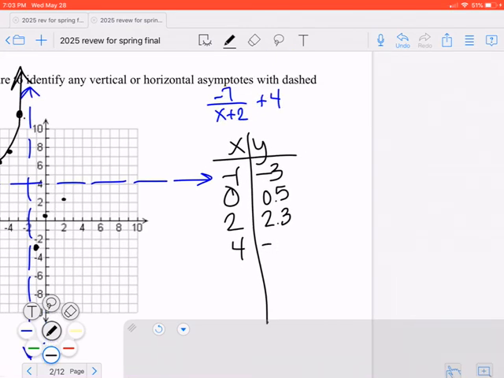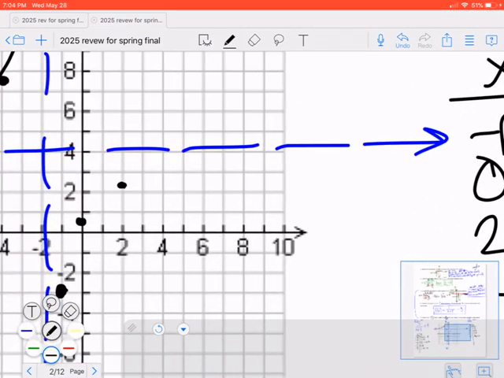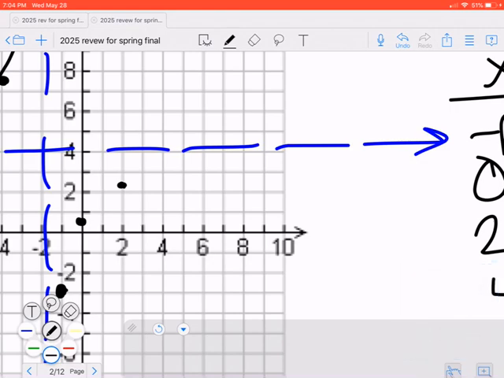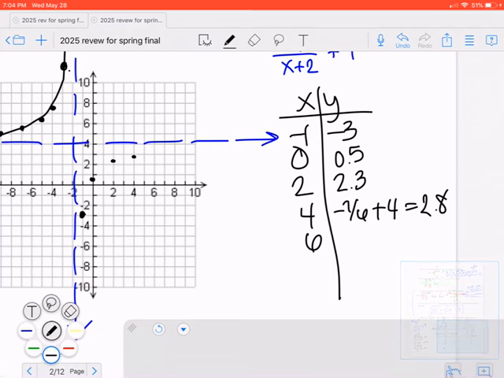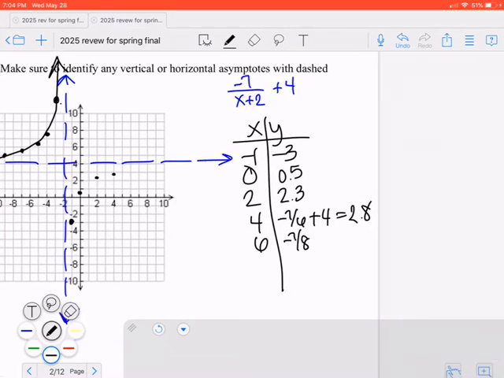Negative 7 over 6 plus 4, so negative 7 divided by 6, and then plus 4 equals 2.8. Over 4, up 2.8. I'm going to scoot over and do 6. Negative 7 over 8, since 6 plus 2 is 8, plus 4.